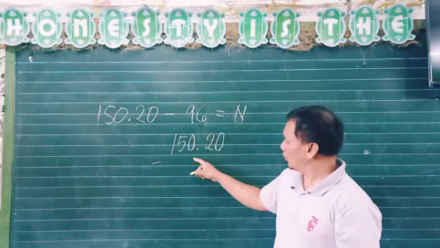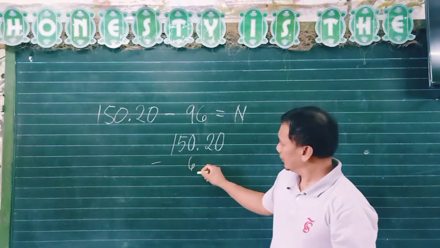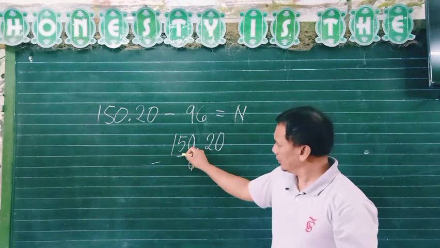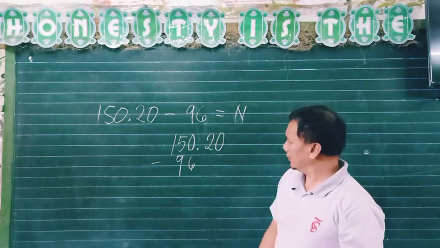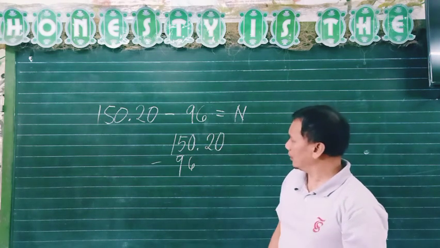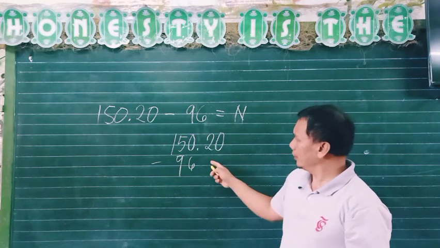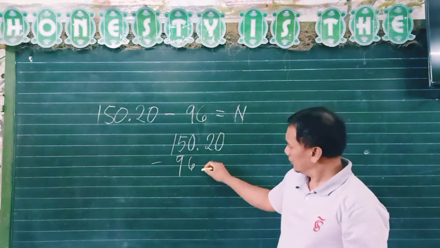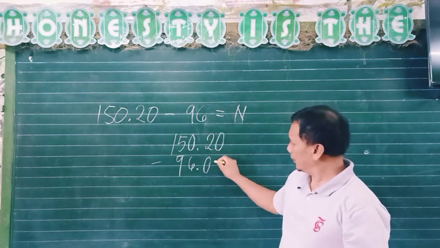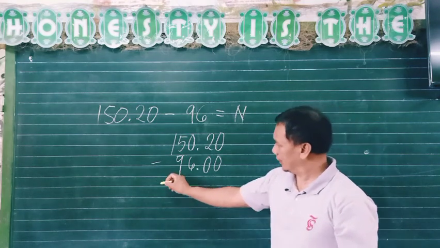So 96 is a whole number, so 6 is under the ones place value. So you align them. And then 9 under tens, so write the 96. Since we have two decimal places in your minuend, you can affix two decimal places also in your subtrahend by adding zeros. So decimal point, 0, 0 there, for you to subtract it correctly.